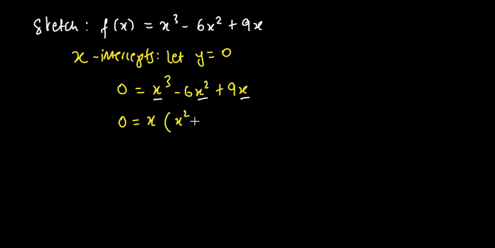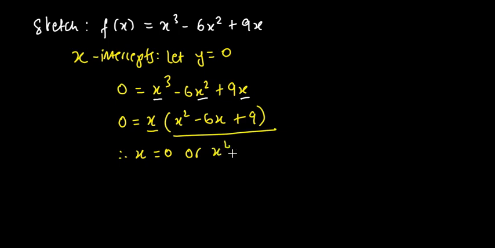If I take 1x, I'm left with 1x. Here, if I take 1x, I'm left with 9. Therefore, x should be equal to 0, or whatever is in the bracket, which is x squared minus 6x plus 9, should be equal to 0.